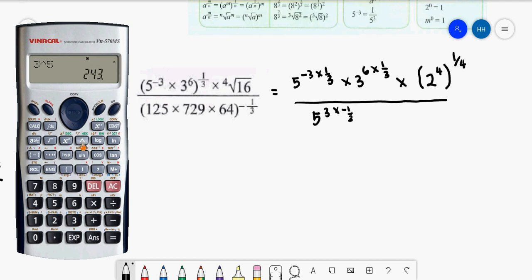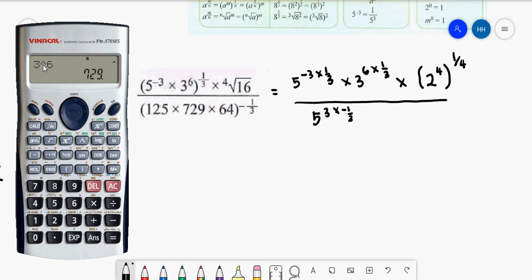So I choose higher number, 3 to the power of, let's say 8. Oh, too big. So I must make it small. 3 to the power of 7. No, 3 to the power of 6. See, 3 to the power of 6 is 729.